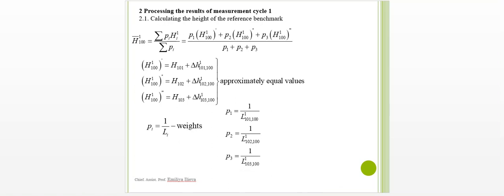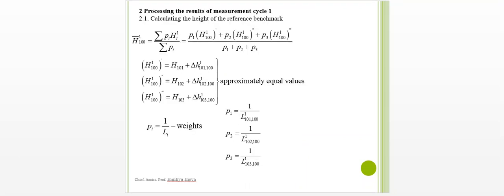After that, we are going to proceed with the next measurement cycle. Here we have absolutely the same thing. Again, we need to calculate the height of the reference benchmark, but here we are using the values from the second measurement cycle, and maybe these measurements have been taken 5 years after the first, the 0 cycle.